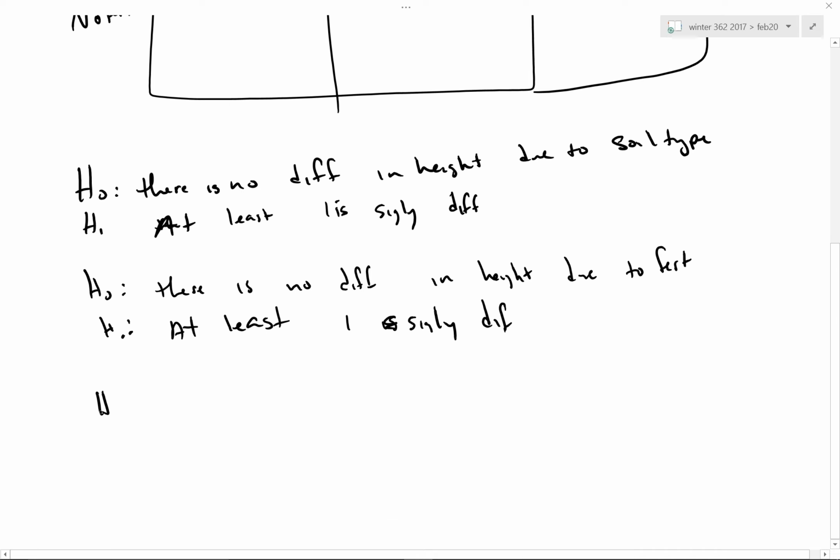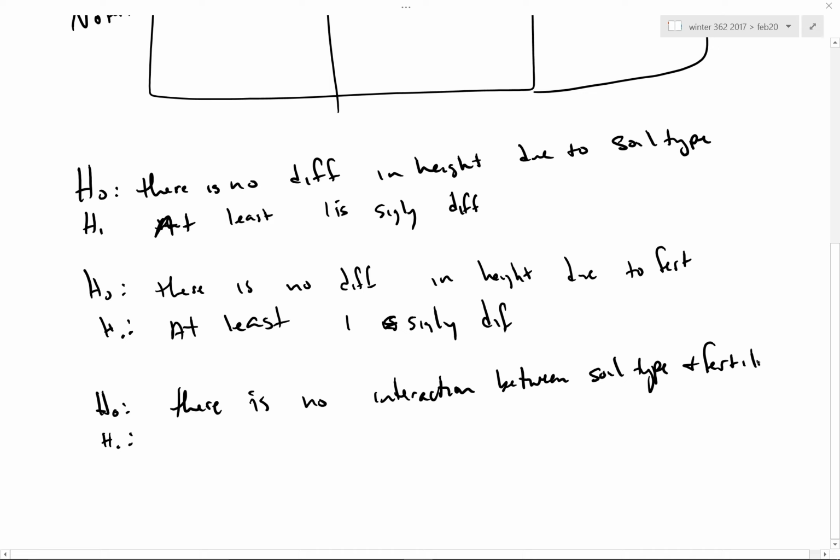And then the last one is always there is no interaction between soil type and fertilizer. And of course, the opposite of that is there is interaction. That one looks a little different because there either is or there isn't interaction.